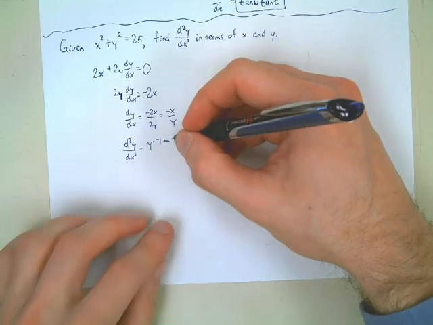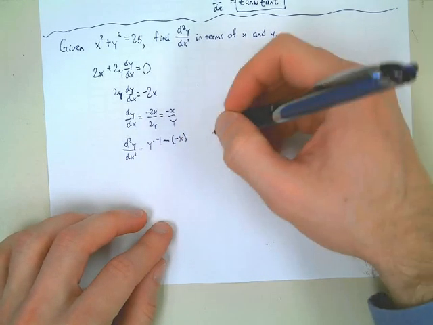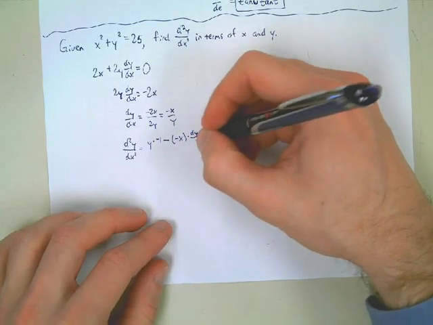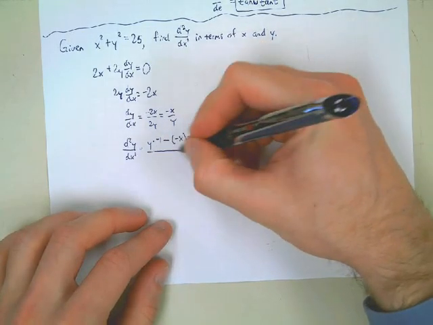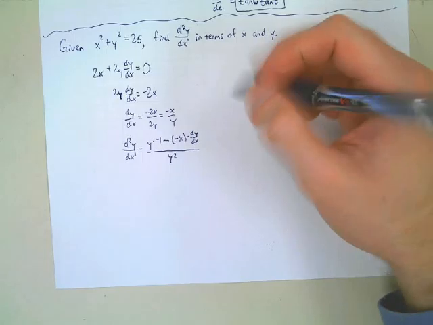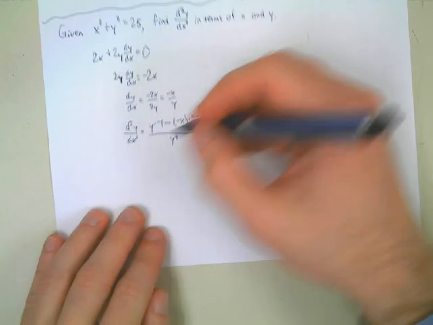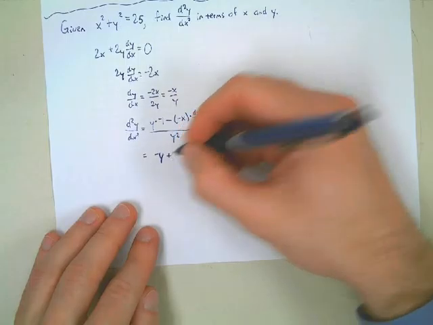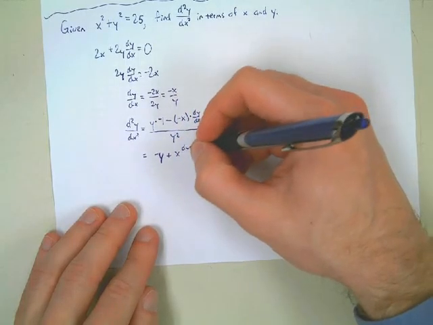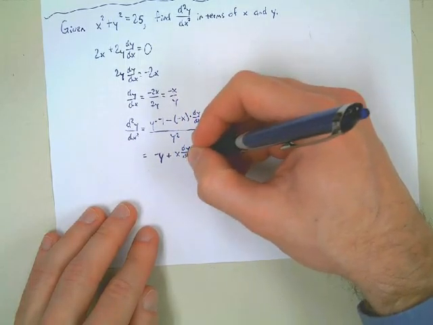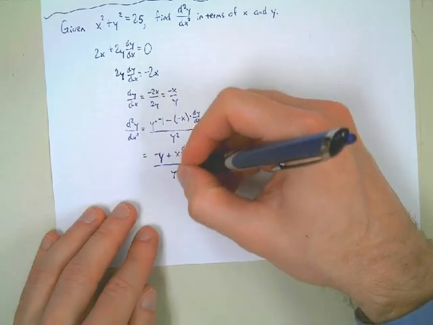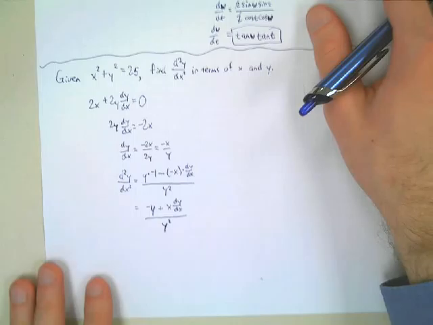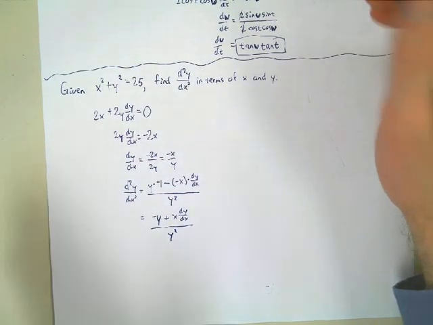So I'll leave it minus a negative x times dy/dx all over y squared. And yes, Nate was right there. We can simplify this, so we get negative y plus x dy/dx over y squared, like so. Okay. So there it is.